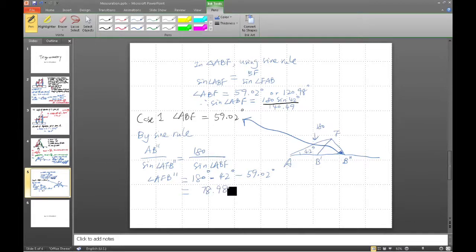We get 78.98 degrees, angle sum of triangle. Therefore, AB prime prime is equals to 206.1 meters.